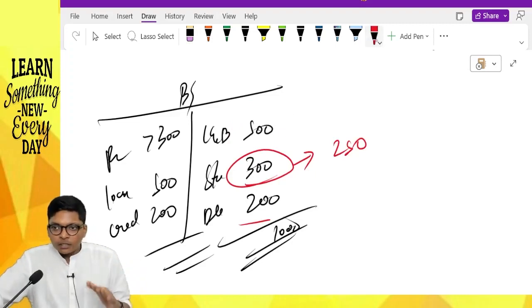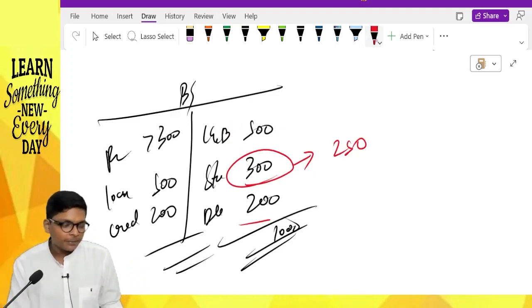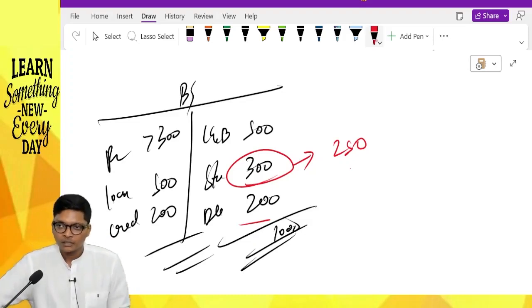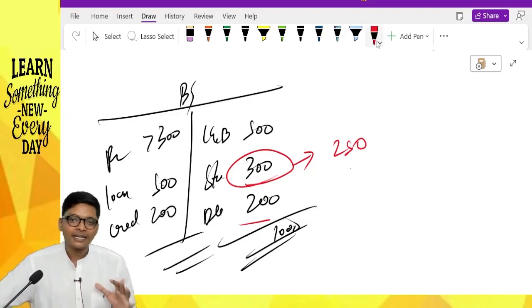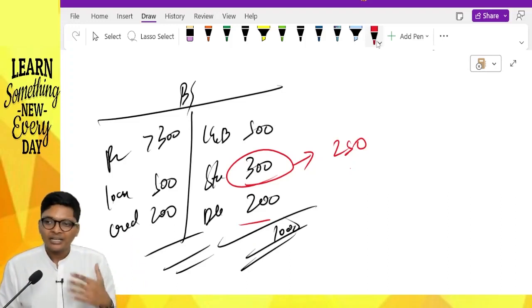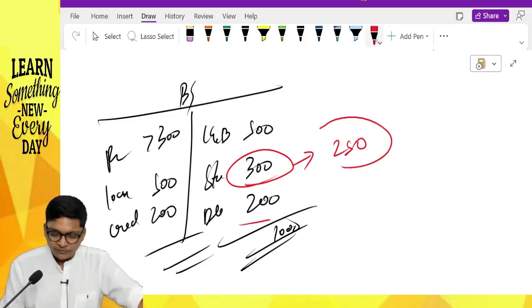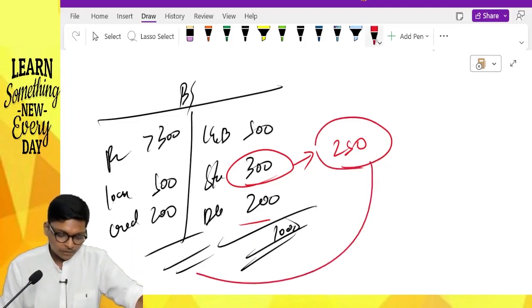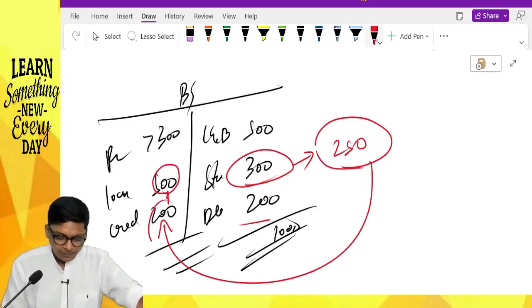Will I wait for everything to be sold and then pay my liabilities, or pay as and when I get money? If anybody has taken a loan, when you are repaying, will you wait and pay the full loan in one go, or keep paying as and when you can? As and when you can. So when I get 250, first to whom will I pay? Creditors and loan, proportionately or in whatever ratio.